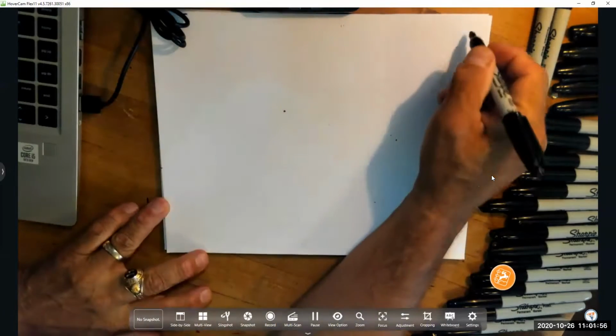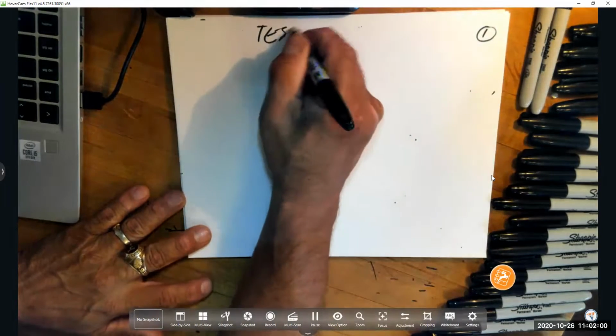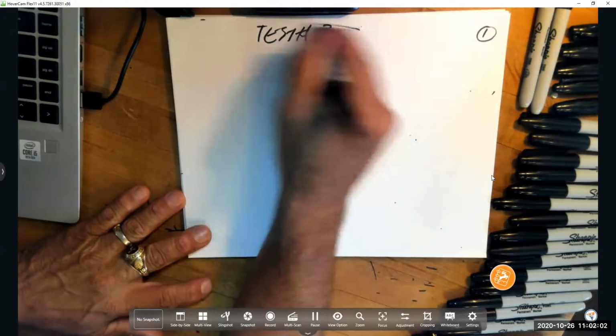All right. Page 1. So I'm gonna do stuff today from test number 2.